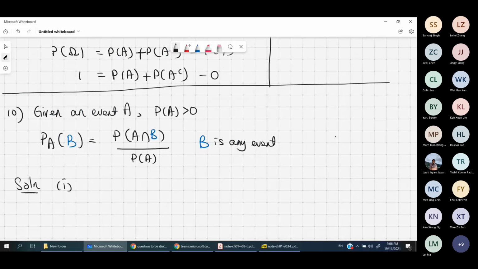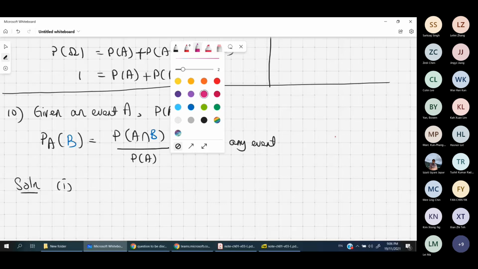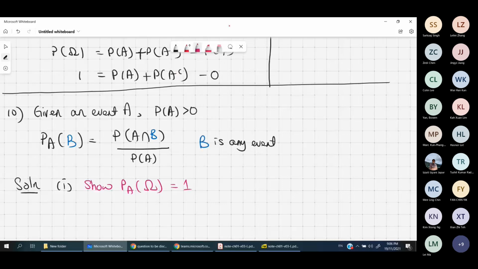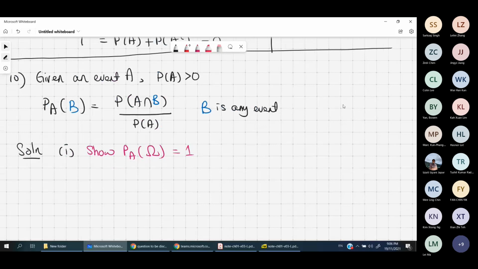Okay, number 1. Just to let you know, we want to show P_A(omega) is equal to 1. So we just do it. P_A(omega), directly substitute B equal to omega.